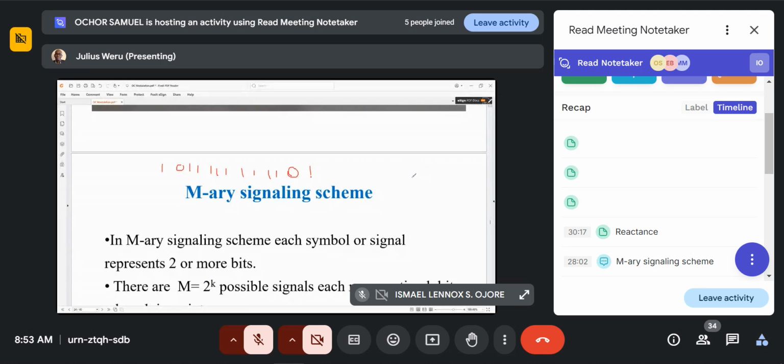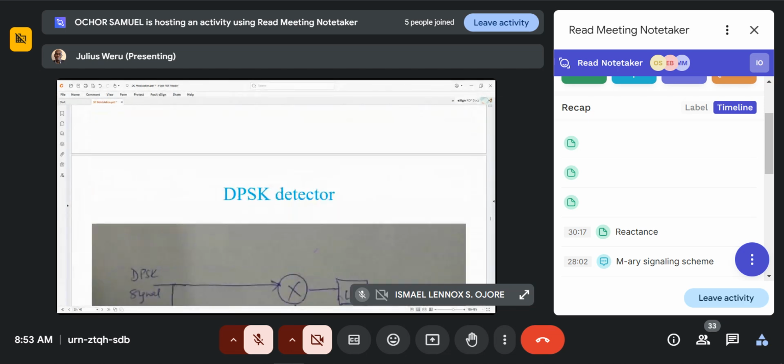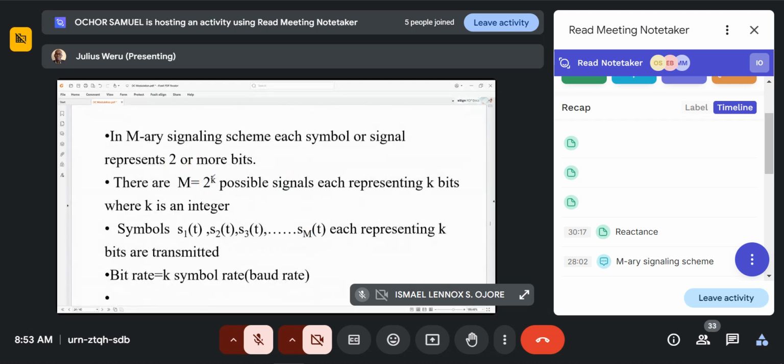So 0000 up to 1111 is carried by one signal. You have 16 different signals. So you have 2 to the k possible signals, each representing k message bits, where k is an integer.